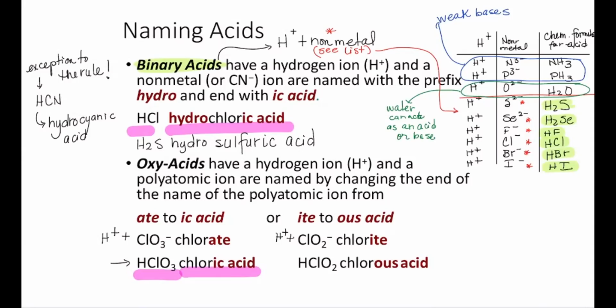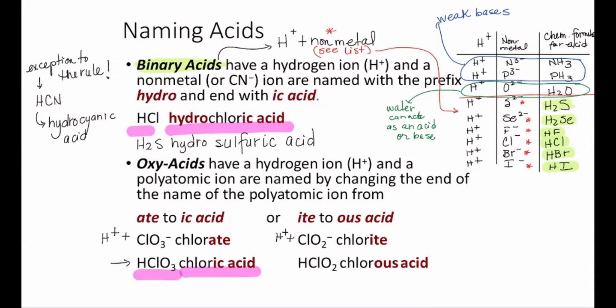The oxy acids are the ones that, remember, they're going to start with hydrogen, followed by a polyatomic. And if your polyatomic ends in ATE, then the name of the acid will end in ic acid. But if it ends in ITE, then the ending is going to be instead ous acid.